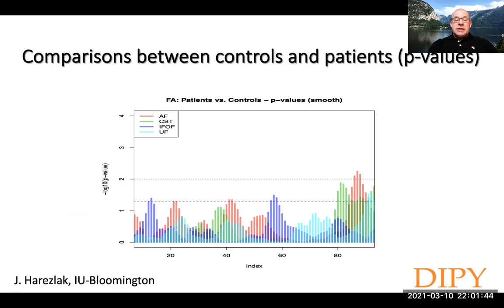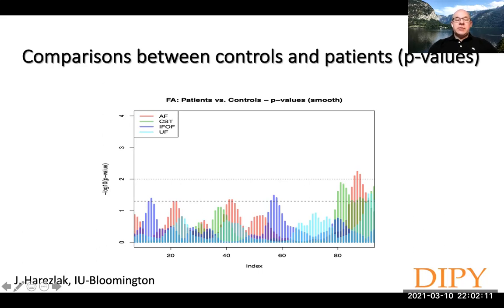Here I'm presenting a summarized result where for each disk, we're testing if the two groups are different. So we're testing if this estimated difference, beta diff, is significantly different from 0. Here you can see the p-values, and we're plotting them on the minus log 10 scale.